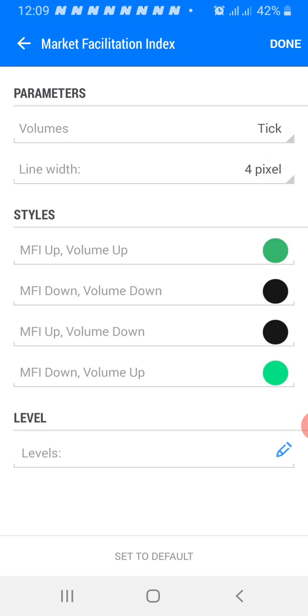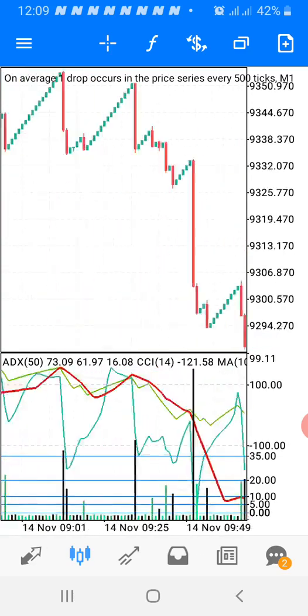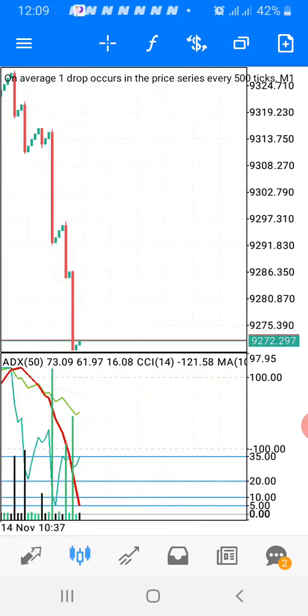Line width should be 4 pixel. MFI up, we use green. MFI down, you use black. MFI up again, black. The MFI down, green. So this is how you should set yours as well. No levels. So you click done. So the indicator is ready.